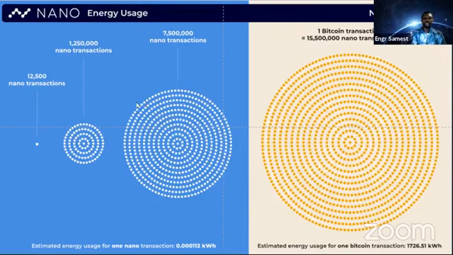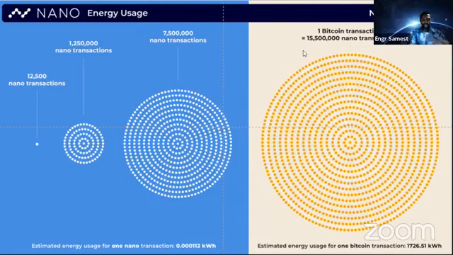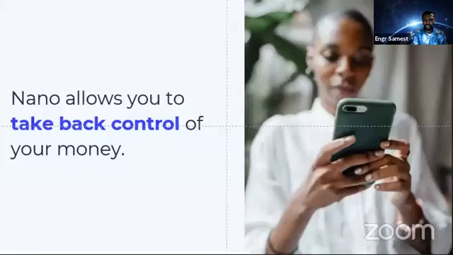So when people are making use of the network for transactions, the energy consumed is very, very minimal. So that is another advantage over Bitcoin, which is the first cryptocurrency that we are looking at.